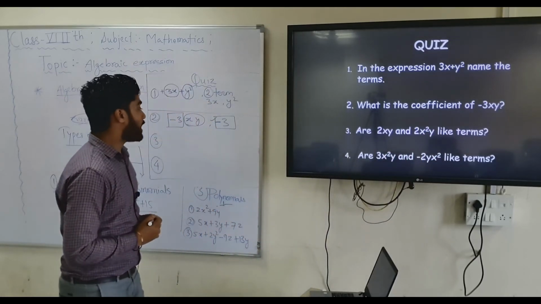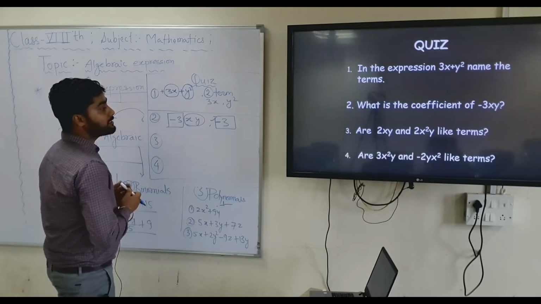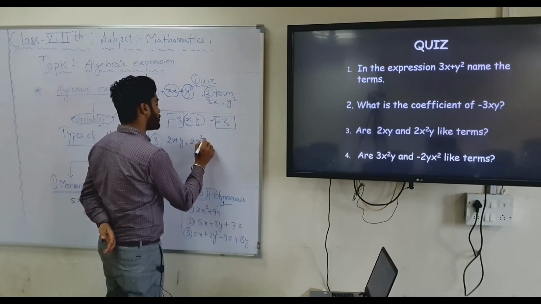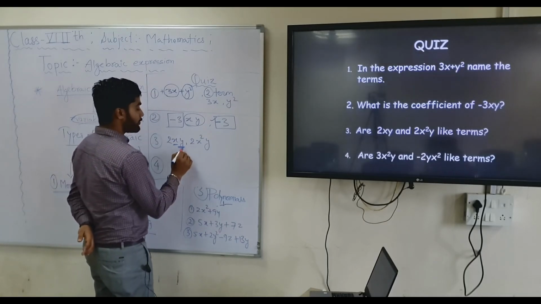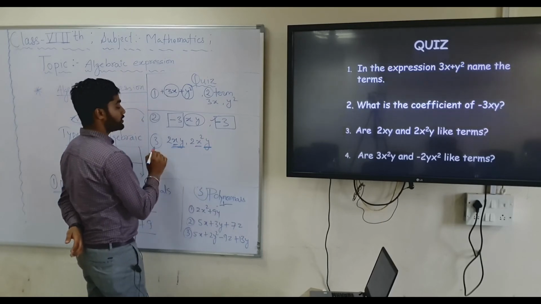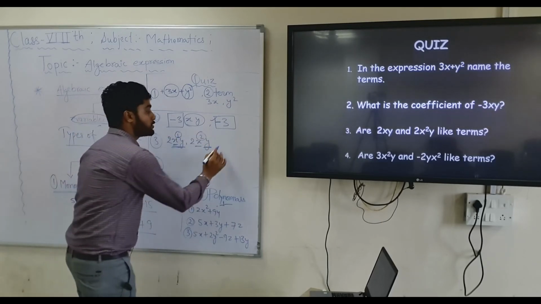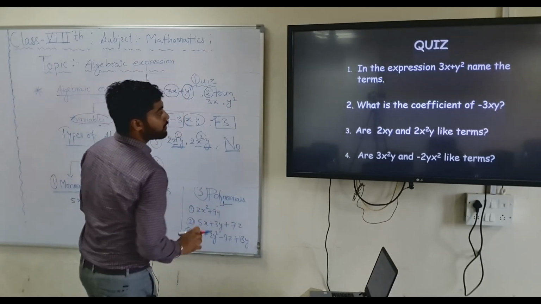For like terms we need the same variables with the same powers. In this, the variables are the same, x and y both, but the power of x is 1 in one and 2 in the other. So these are not like terms, so you have to write no.